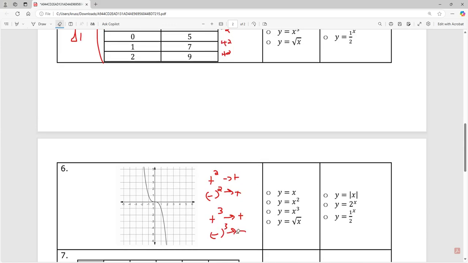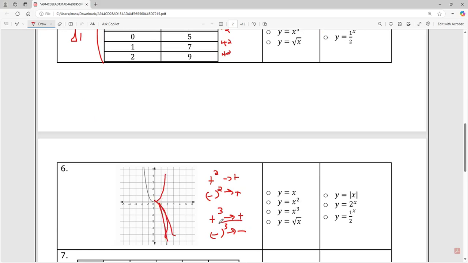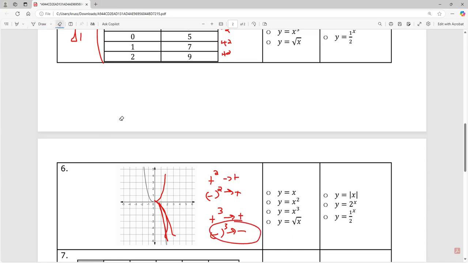Sorry, I lost my train of thought. So instead of it being flipped up like this for a squared function, you get the negative returns from this aspect right here. So this is y equals x cubed.